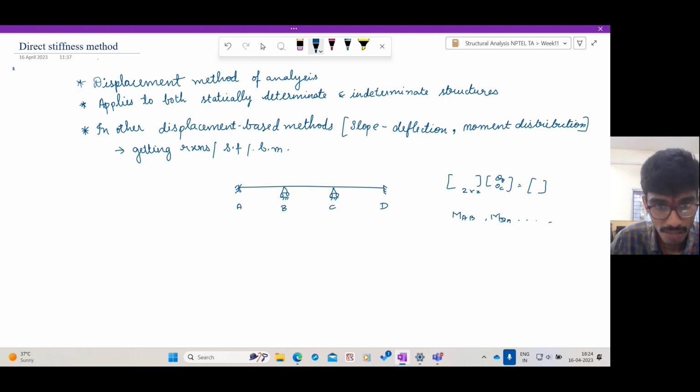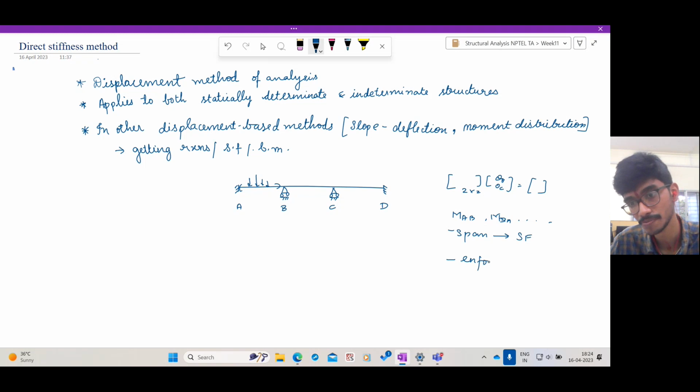Then we considered one span at a time and determined the shear force in that span. If there is any span loading, we had to take care of that also while computing the shear force. And we enforce the equilibrium at the joint.